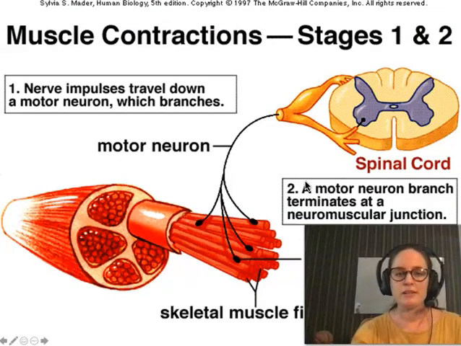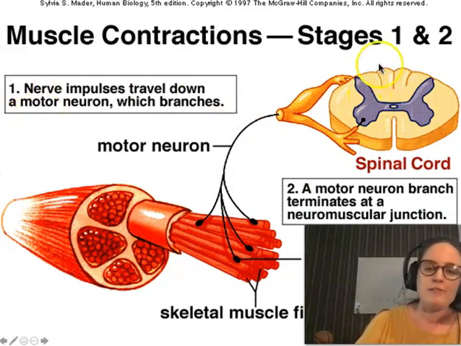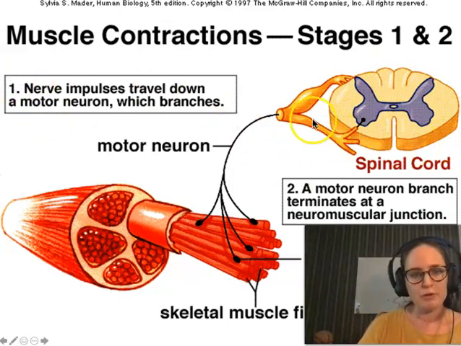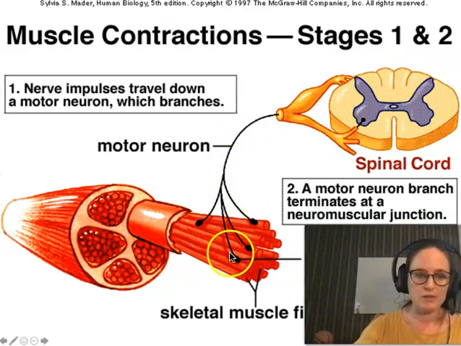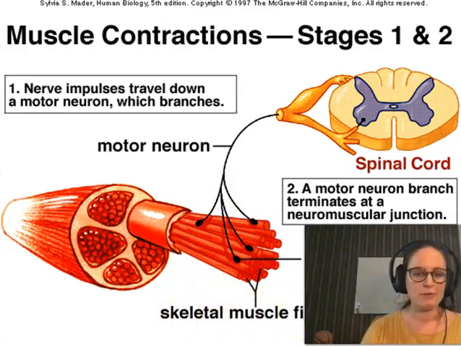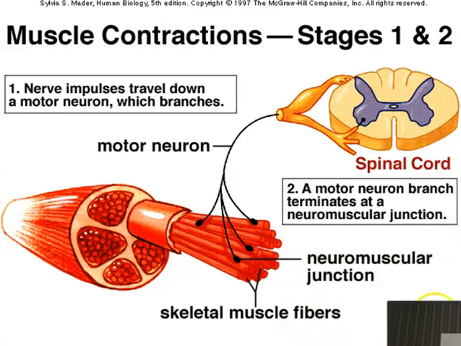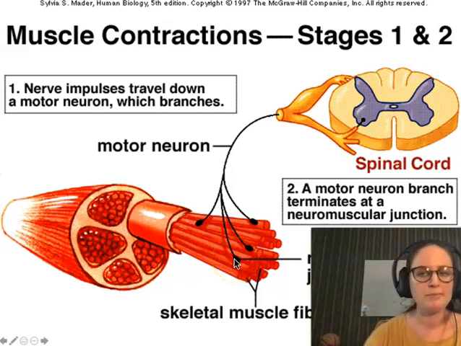Here's that neuromuscular junction I was talking about. This is the spinal cord. We have motor neurons, and that motor neuron splits, and it's going to innervate multiple skeletal muscle fibers, which again is the cell. I'm going to move my face for a second. The neuromuscular junction is the connection between the axon terminal, is the phrase I like, and the actual cell surface, the sarcolemma.